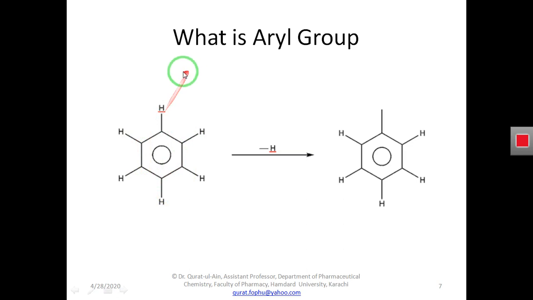If we remove one hydrogen atom from this aromatic molecule, the product that we get will be an aryl group. We remove the hydrogen and leave it empty so it can be joined with another atom.